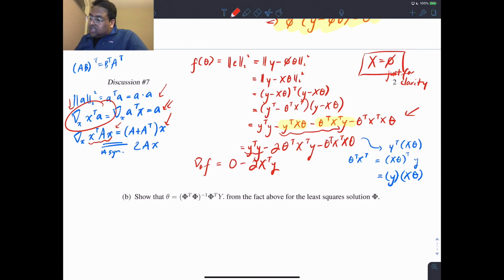We notice X transpose X is symmetric. In the case where A is symmetric, the gradient of x transpose Ax is just 2Ax. In our case, we have X transpose X in place of A, and the x is replaced with theta. So the gradient of this last term with respect to theta is really minus 2 X transpose X theta.